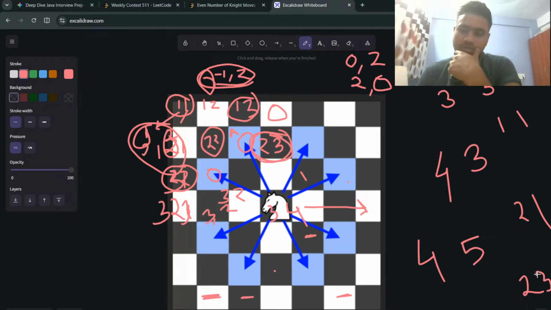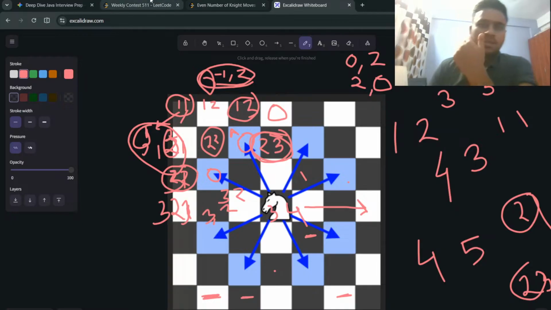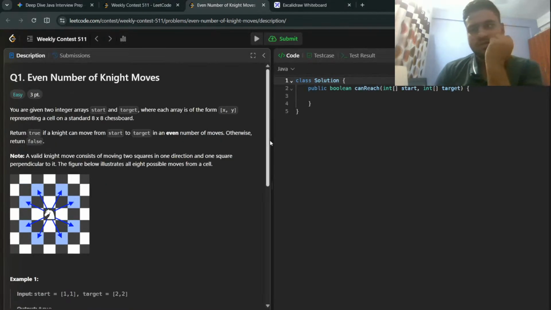Difference is 1. Actually, not even able to understand what.